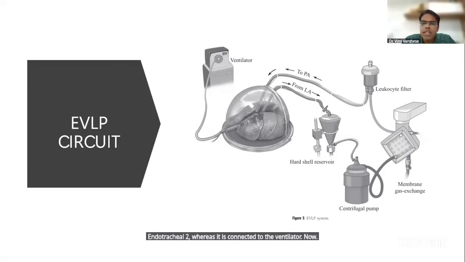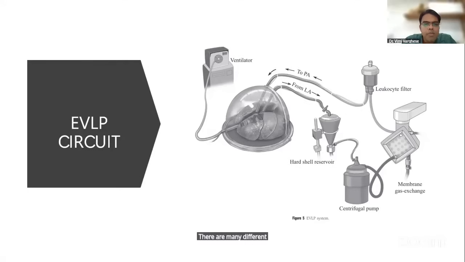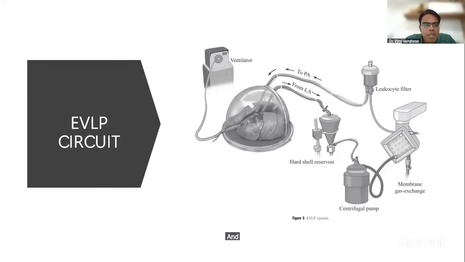Now, this is the basic mechanism of what constitutes an EVLP circuit. There are many different fluids, right from Steen solution to different fluids being developed by the Toronto team and the Hanover team, that are used while the EVLP is being started.